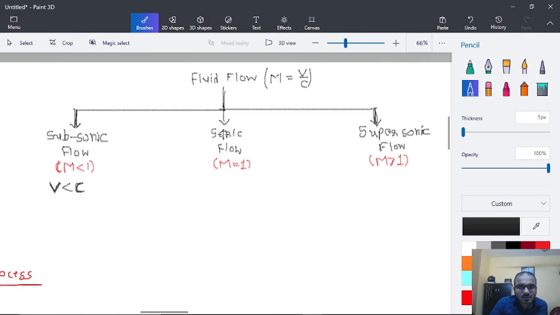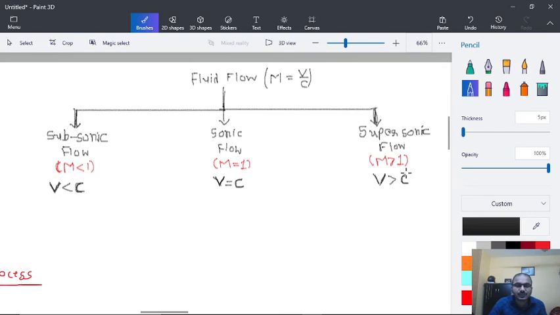In case of sonic flow, where Mach number value is unity, the velocity of fluid is equal to the velocity of sound in that fluid, and in case of supersonic flow the Mach number value is greater than 1, that is the velocity of fluid is greater than the velocity of sound in that fluid.